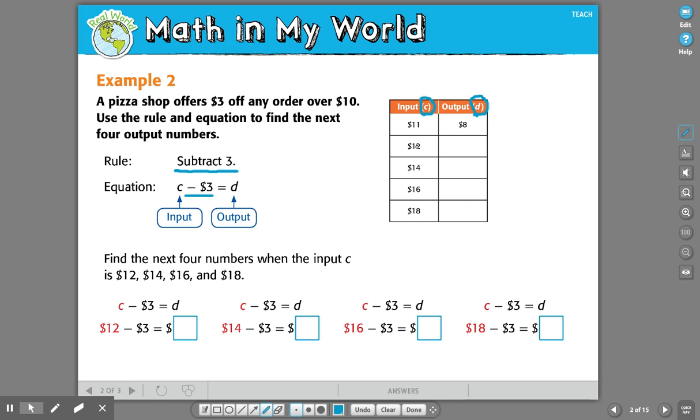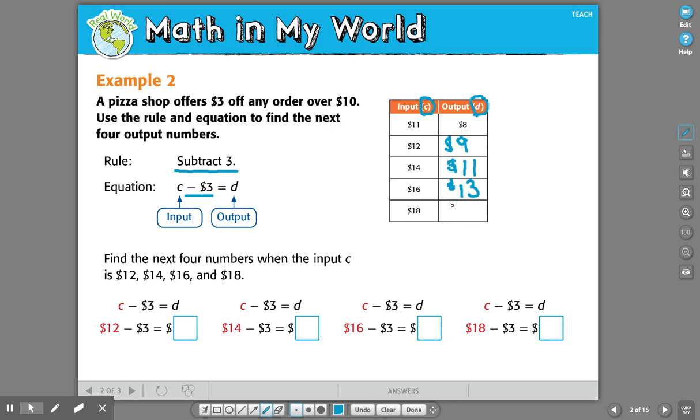So let's complete the chart. 12 minus 3, 12, 11, 10, 9. Make sure you put your dollar sign. 14 minus 3, 14, 13, 12, $11. 16 minus 3, 16, 15, 14, $13.